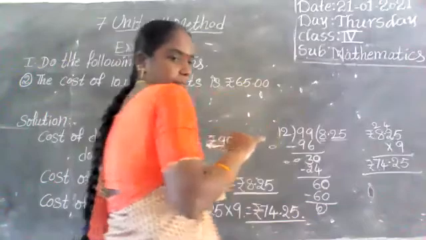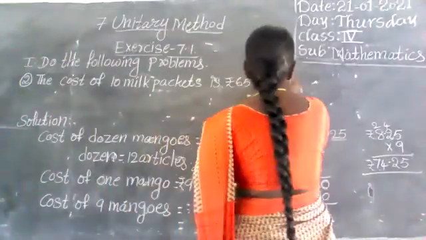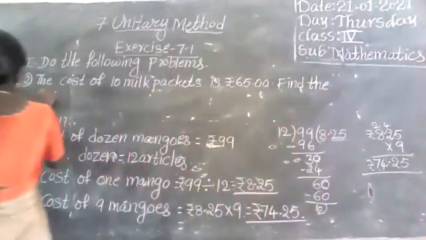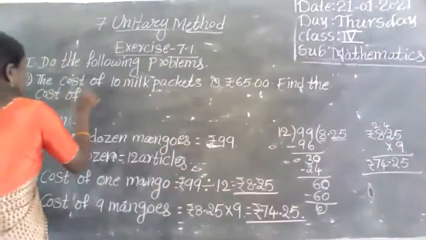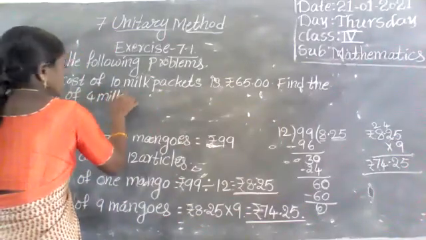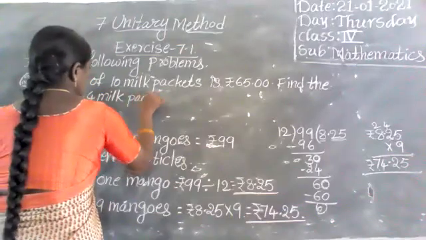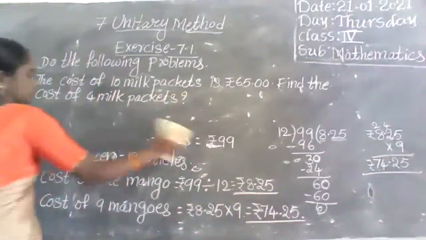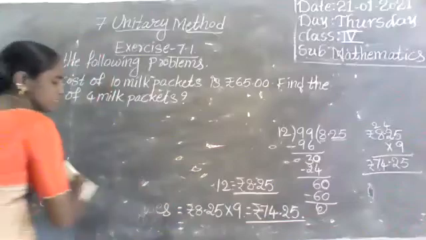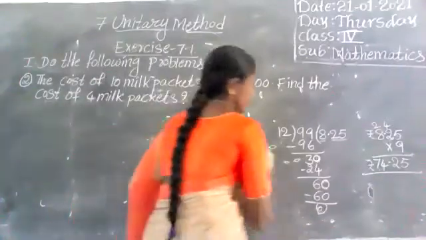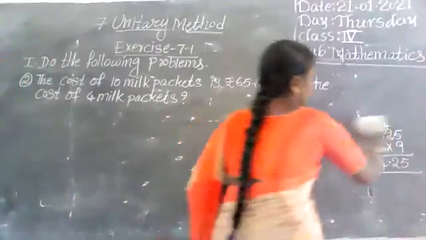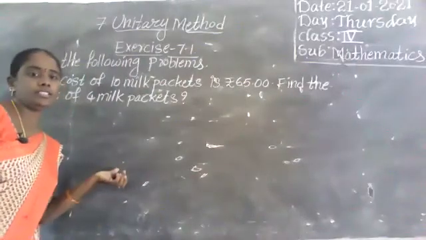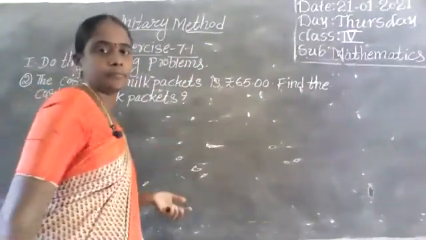Find the cost of 4 milk packets. As it is, children, same as the first problem. First of all, find out the cost of one, that means the cost of 1 milk packet. First we have to find that out. After that, we can easily find out the cost of 4 milk packets.